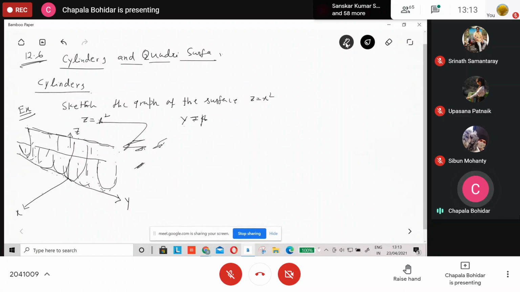Okay, and by combining all the planes, what are we getting? What type of curve is it? It is a parabolic cylinder, or not?